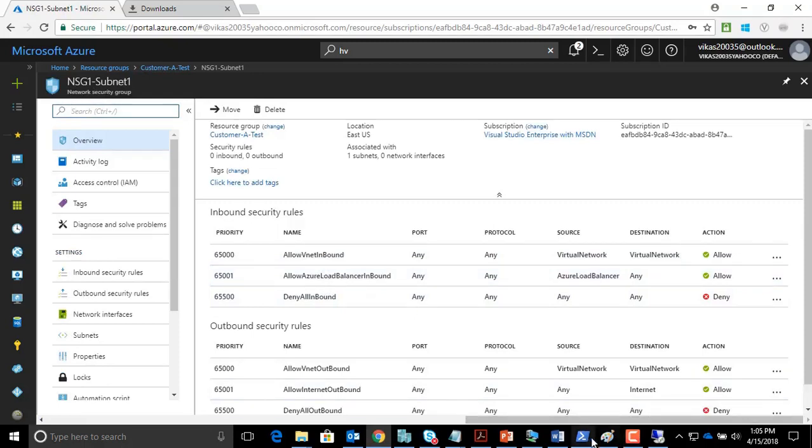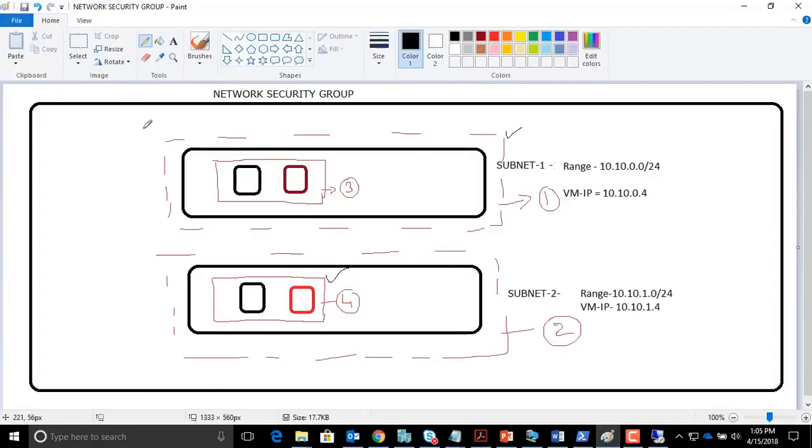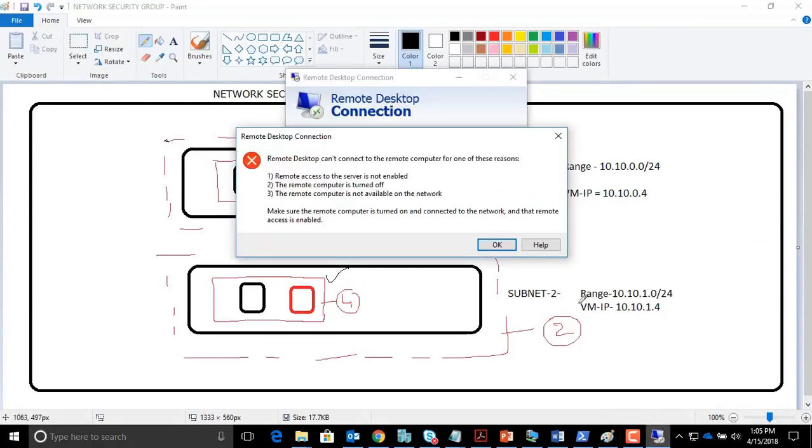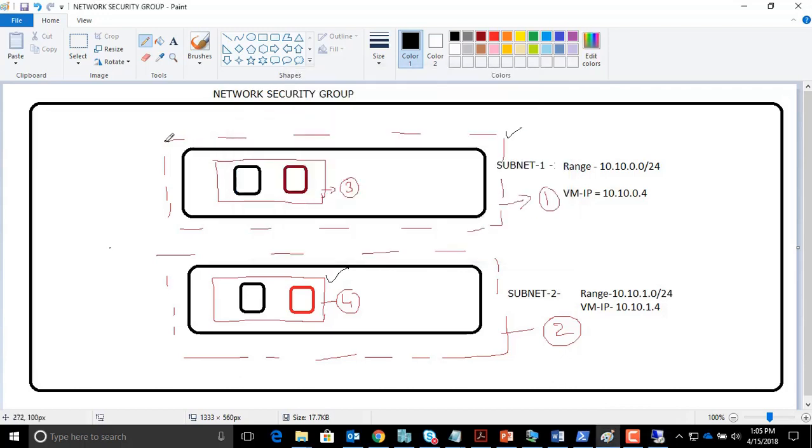So I'm going to configure two firewall rules. One is RDP allow, so if you see, the message comes blocked. So RDP allow on subnet 1 NSG1, and second NSG3 VM level. At both levels I want to allow RDP so that traffic will reach the VM level.